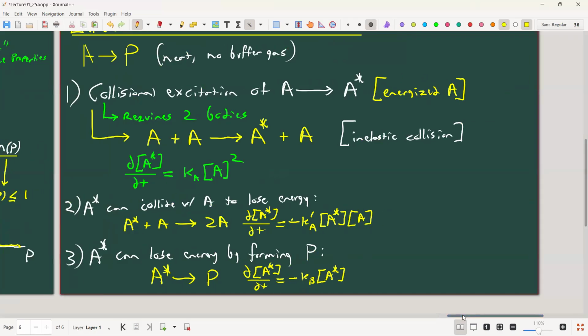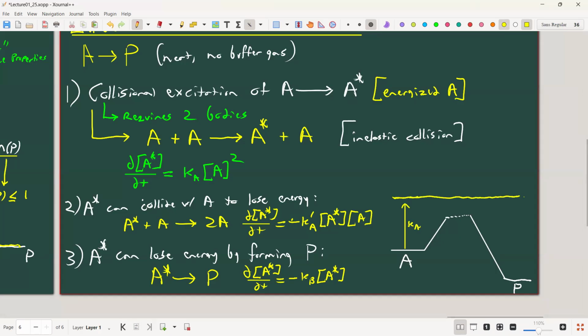So if I were to draw a reaction mechanism, or reaction coordinate diagram, we have A here, and let's say we have some transition state, we may not, and then we go to products, like this. The idea is that this system gets excited collisionally by Ka to some new state, which I'll just draw like this, which is A star.